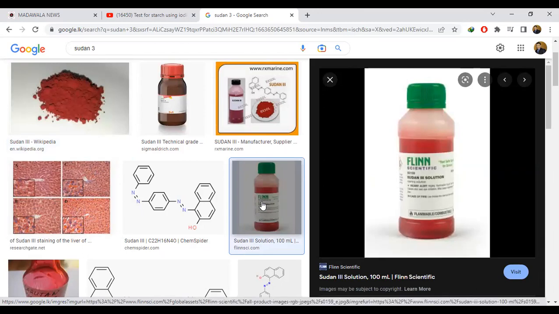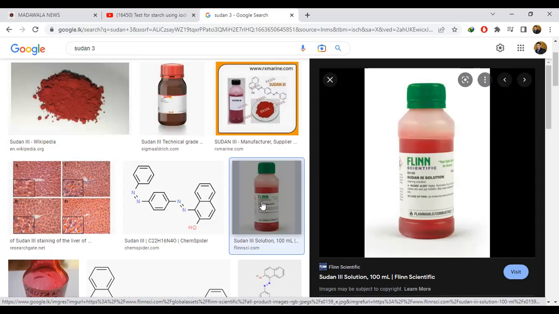You need to make Sudan 3 solution. Can you dissolve Sudan 3 in water and make that solution? No. Why? Because Sudan 3 is not water soluble.